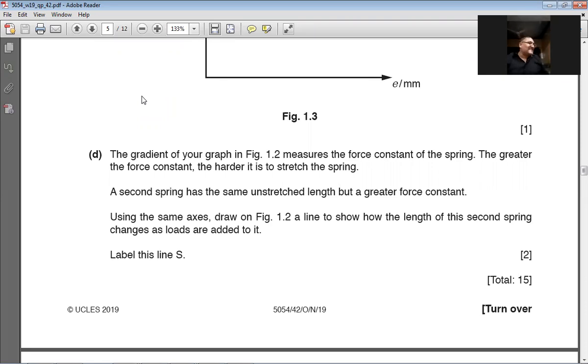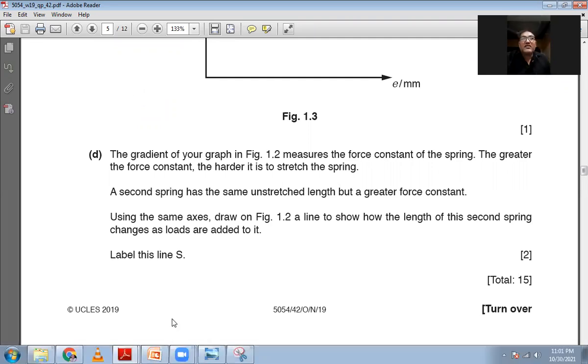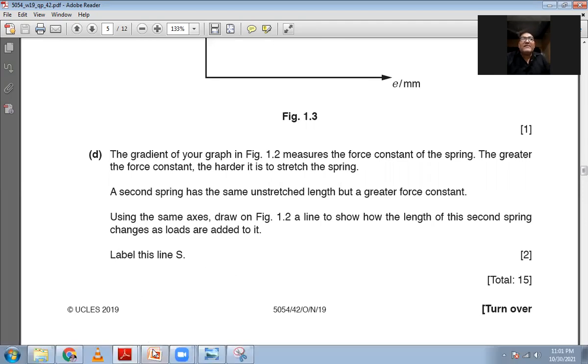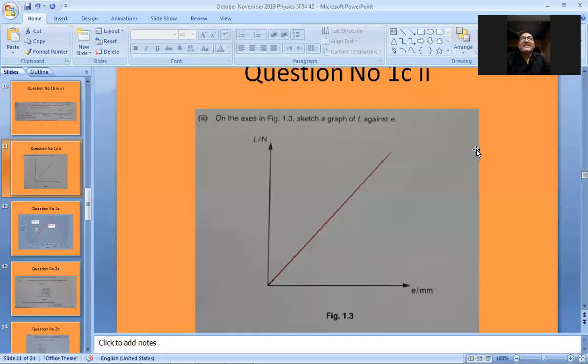There will be less extension because the force constant is greater. So let's label this line as S. Draw on figure 1.2 a line to show how the length of the second spring changes as loads are added to it. Label line S. Okay, so let me show you.